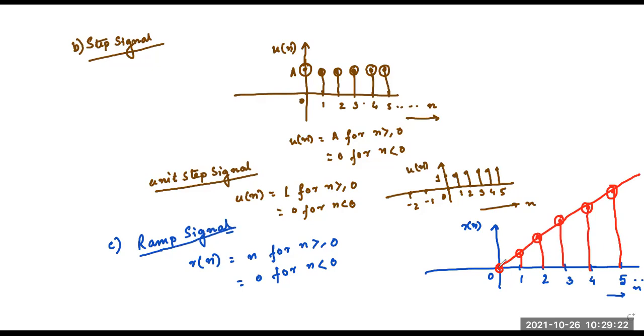We will have an increased amplitude as the value of n increases. So that is our ramp signal. At n less than 0, it will have no continuous signal, that means at n less than 0 it does not have any values.